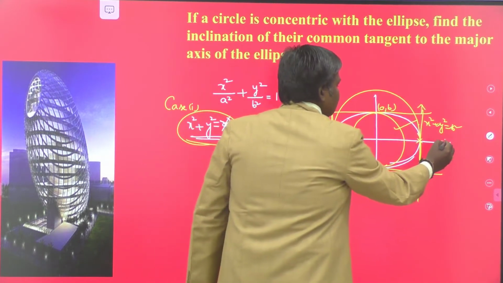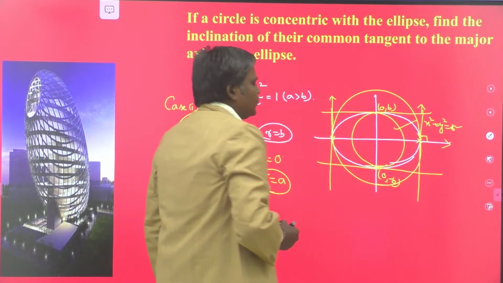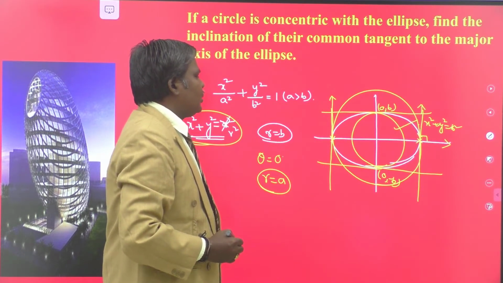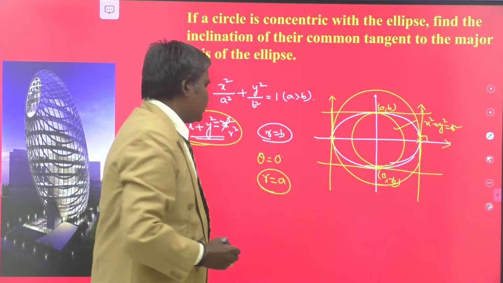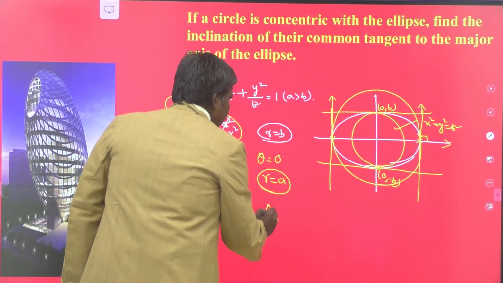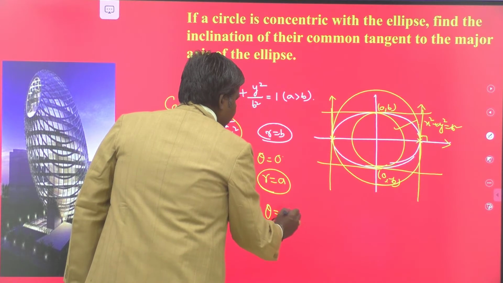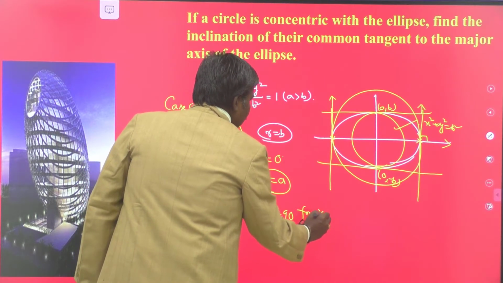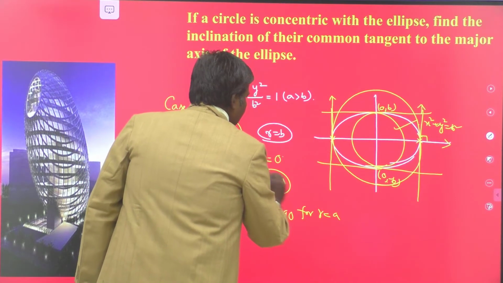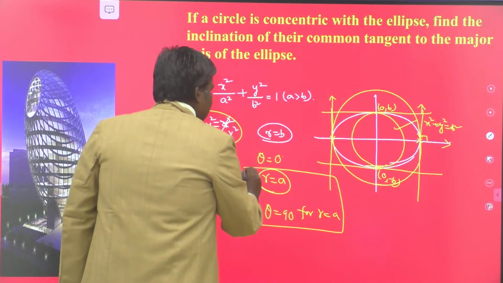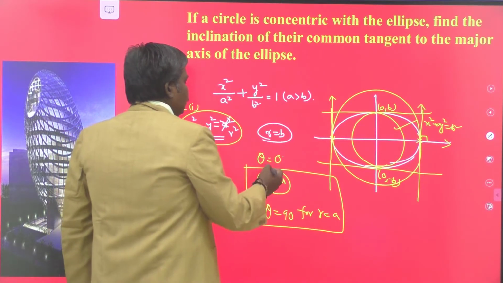This is your x-axis. Now tell me what is the angle? The inclination of the common tangent to both curves is 90 degrees. Therefore, theta is equals to 90 degrees for r is equals to a. Radius of circle r is equal to a, theta is equals to 90 degrees.